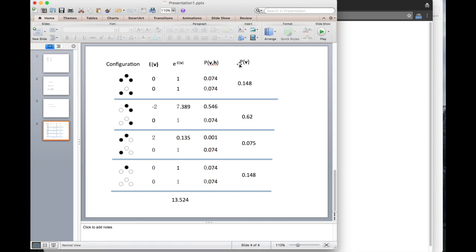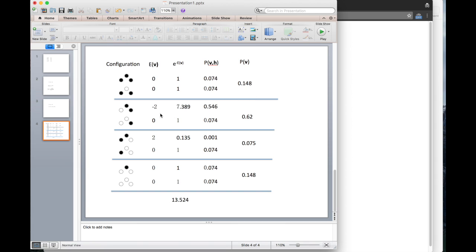So this is the probability of the 4 different configurations of the visible units. This value is basically calculated as the sum of the 2 global configurations where the visible units have the same states. So when the 2 visible units are on, its probability will be this value.